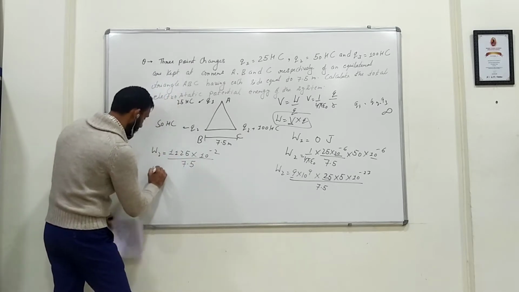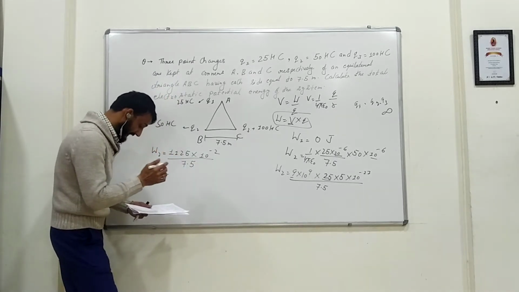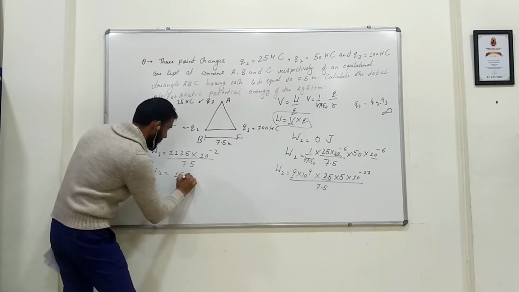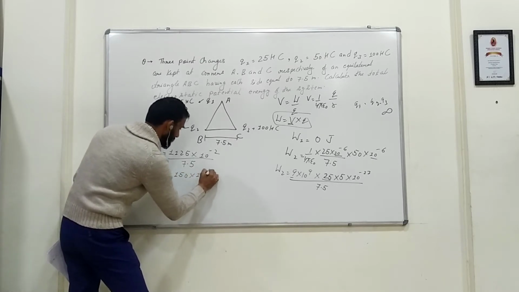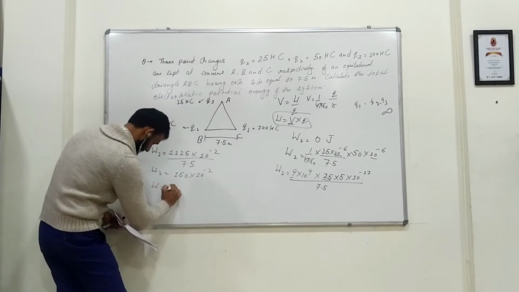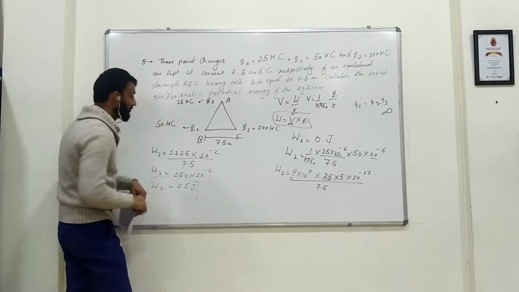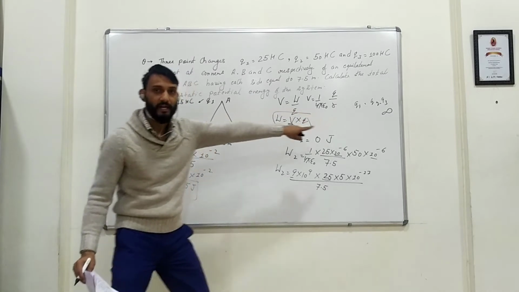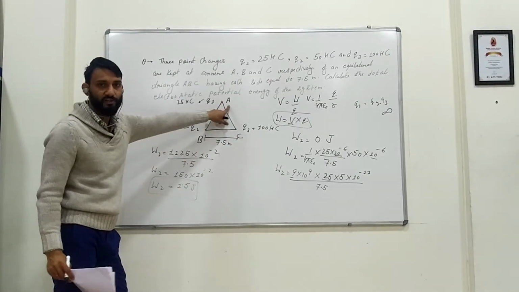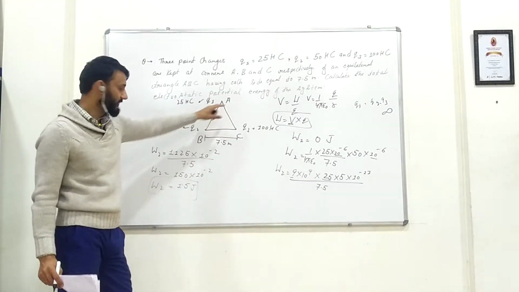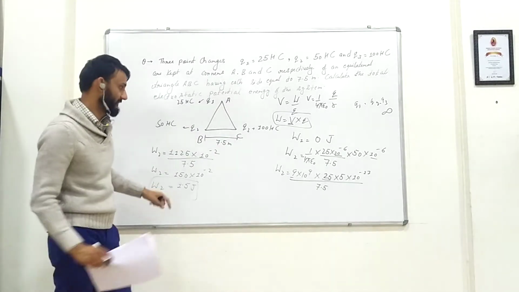If you solve this using the calculator, you will be getting 150 into 10 to the power minus 2. If you solve this, you will be getting 1.5 joule. So the work done in carrying Q2 charge from infinity up to point B in the potential of charge Q1 is this amount.